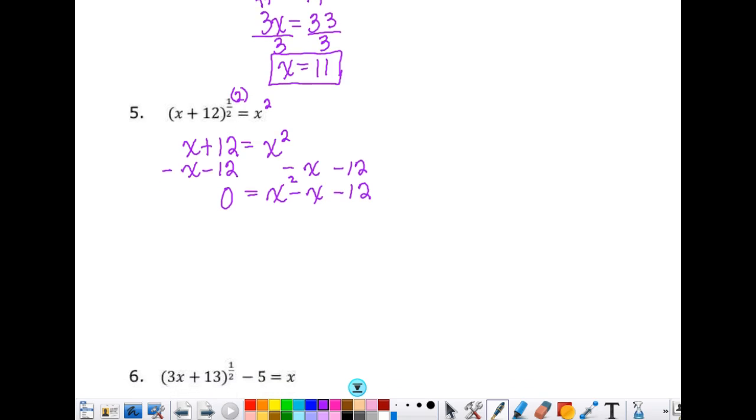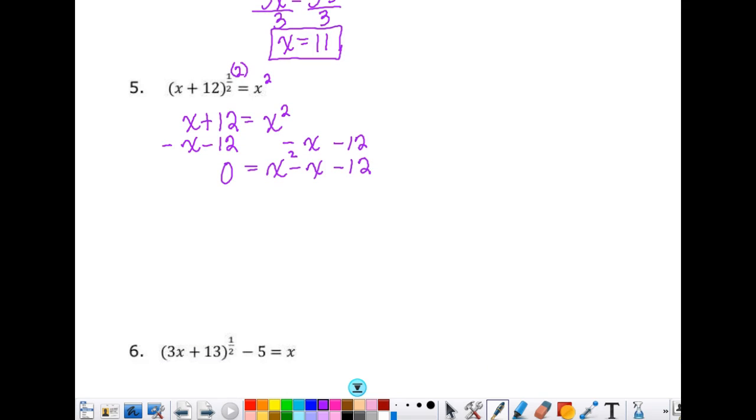Okay, so now we factor. What multiplies to negative 12 that adds to a negative 1? 3 and 4, but it's a negative 12, it's a negative 1.